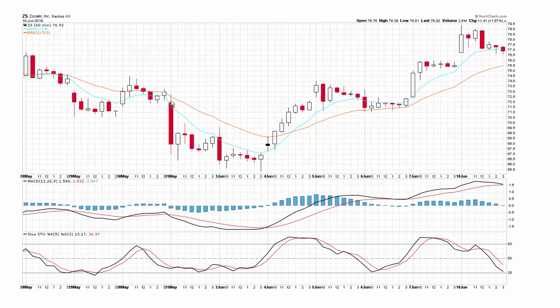this. This big candle here was that big gap down and down movement. So what happens is you get a positive divergence. This is the 60-minute chart. You get prices moving down, MACD moving up. You get a cross. Price moves up, comes back down, tests the 21 EMA, and comes up.